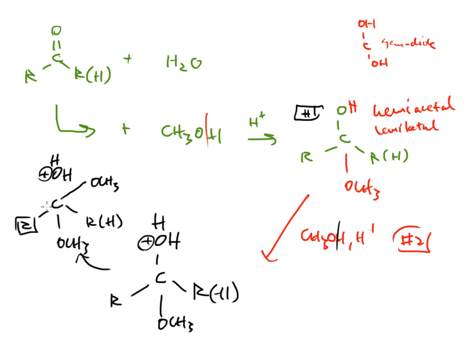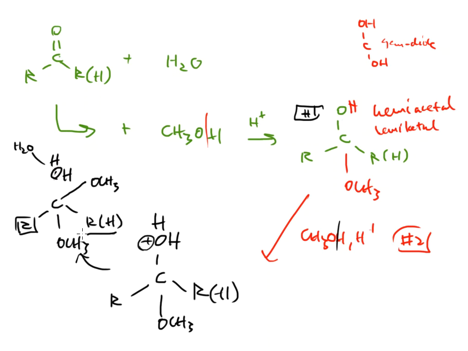So it breaks the bond. That oxygen goes away with the 2 hydrogens, and it makes water, and bye-bye water. So what we end up with now is a carbon with 2 OCH3 groups on it.